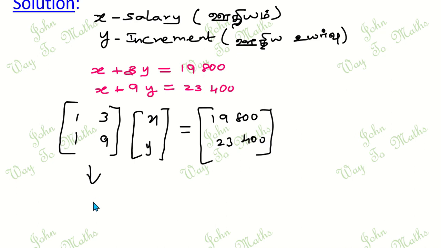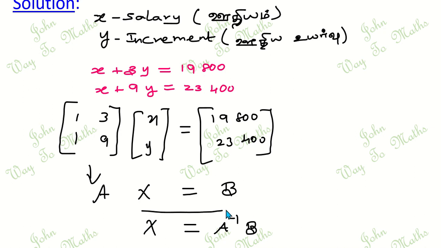So this becomes A matrix, this becomes X matrix, which is equal to this, B matrix. So already we know the matrix inversion method means we need X. So here I'm going to apply the pre-multiplication. We get A inverse into B. So this is the formation of matrix inversion method.